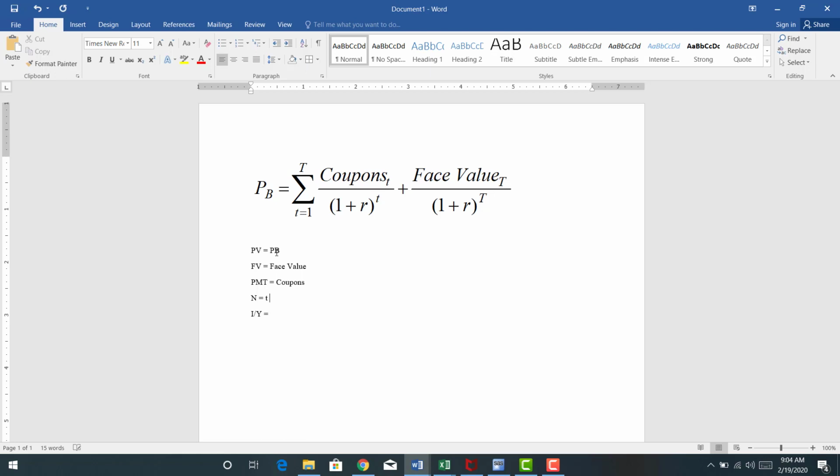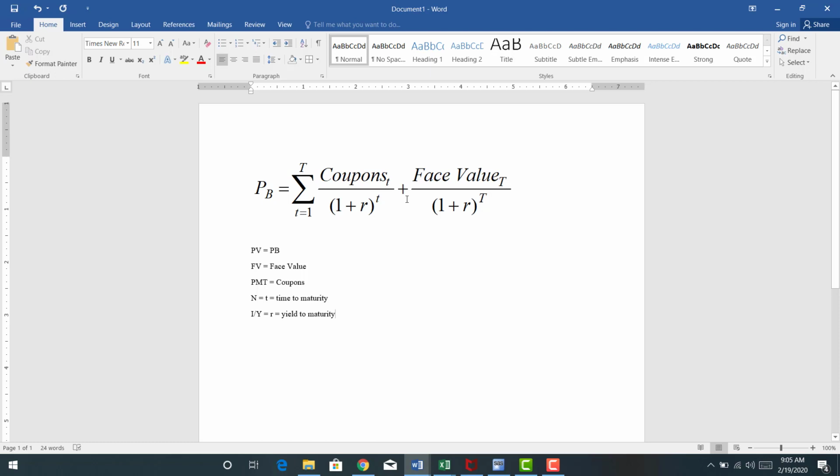N is going to be T, or the time to maturity. And I/Y is going to be R, what we'll call the yield to maturity. It's important to understand the functions in the financial calculator or in Excel and how they relate to this formula.